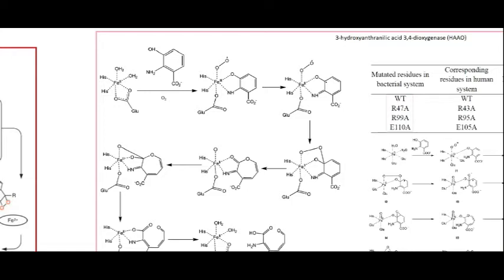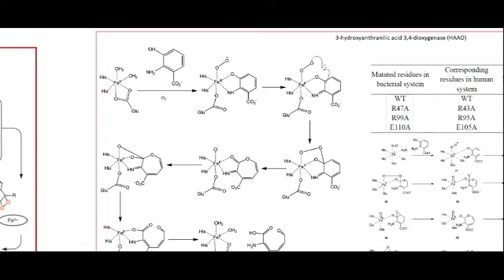Then this shows that the iron is actually taking away an electron from this, and so that's how we end up with our radical here. And then this shows that the radicals from here and from our oxygen are actually going to come together to generate this bond right here. So this is now bound to this oxygen, and these two oxygens are bound to each other.